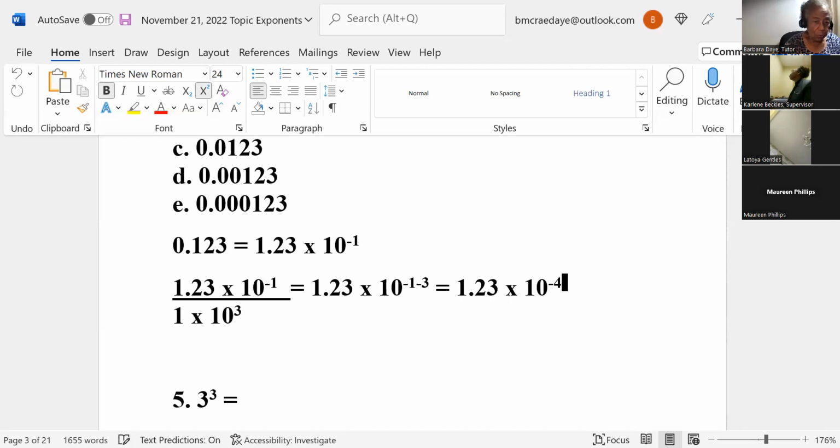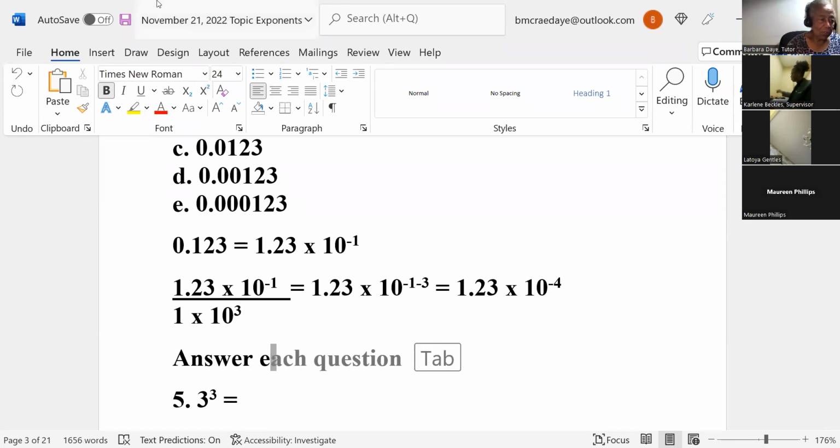I wanted to go through it because some people may not understand how you got answer E. That matches answer E, right? Because if you move the decimal point 4 places to the right, you get 1.23 times 10 to the negative 4 because you moved it 1, 2, 3, 4 places.